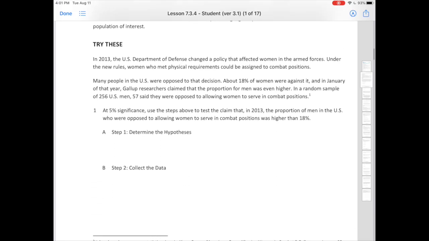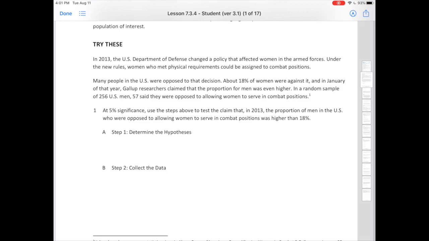So try these. In 2013, the U.S. Department of Defense changed a policy that affected women in the armed forces. Under the new rules, women who met physical requirements could be assigned to combat positions. Many people in the U.S. were opposed to that decision.